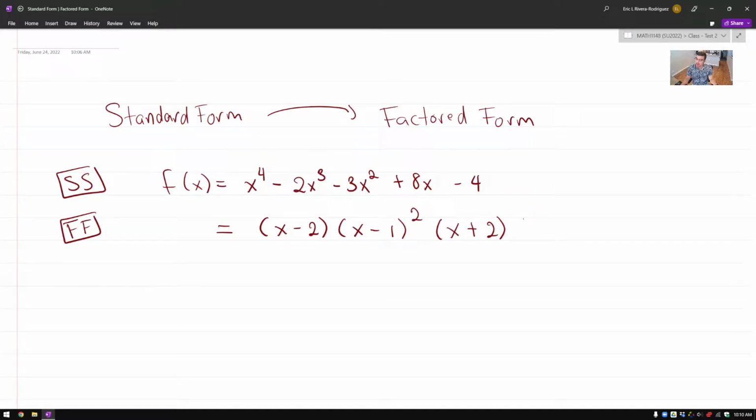Okay? Alright, so you might have heard of or learned techniques to factor, for example, quadratics. We can factor by groups, we can find a common factor and factor it out. We can do FOIL. There are many techniques to factor, more specifically quadratic equations.